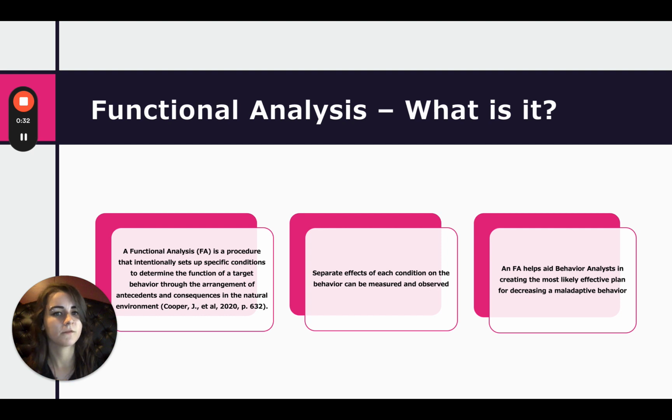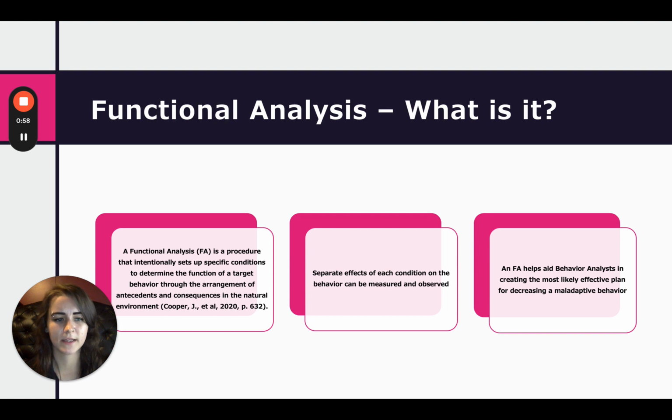If we understand the function of the behavior, then we can understand how to best serve the kiddo because we can implement the most effective behavior plans in order to increase or decrease, in this instance, the maladaptive behavior. And this is done through the arrangement of antecedents and consequences within the natural environment. And separate effects of each condition on the behavior can be directly measured and observed.